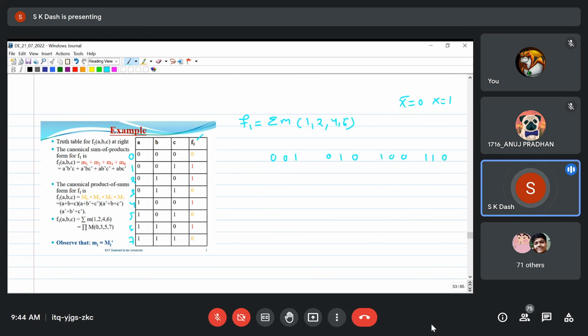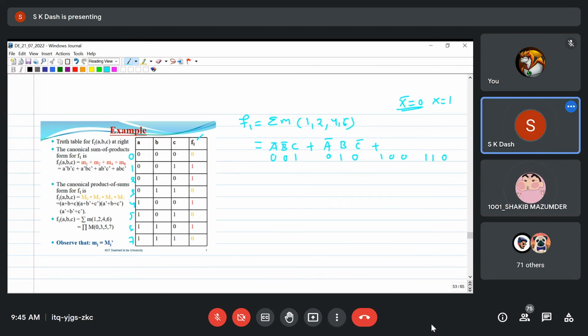So that function will be A bar B bar C plus A bar B C bar plus A B bar C bar plus A B C bar.